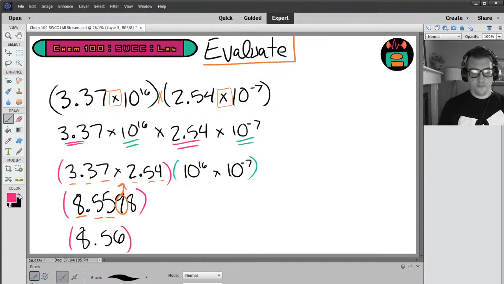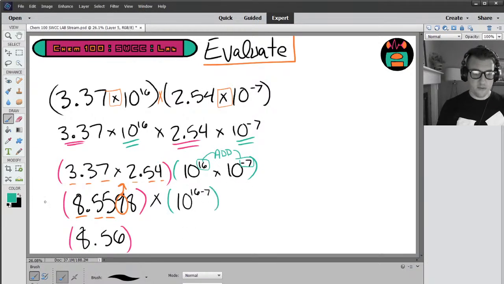All right. Now, times, we still have this 10 to the 16th times 10 to the negative 7th. Well, when you multiply powers of 10, that means you need to add these numbers. So 10 to the 16th times 10 to the negative 7th is 10 to the 16 minus 7.